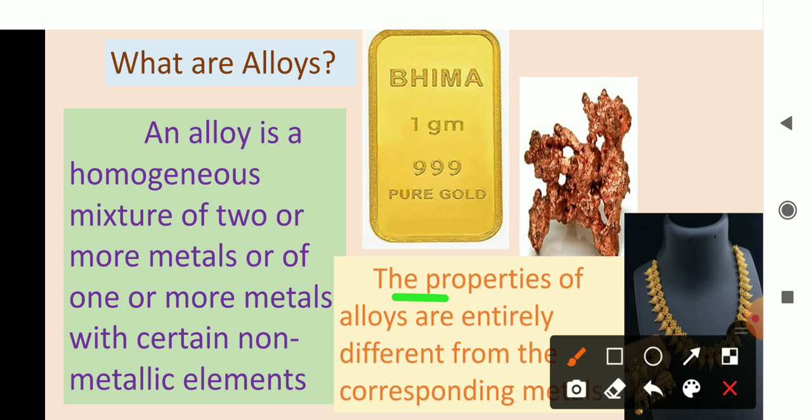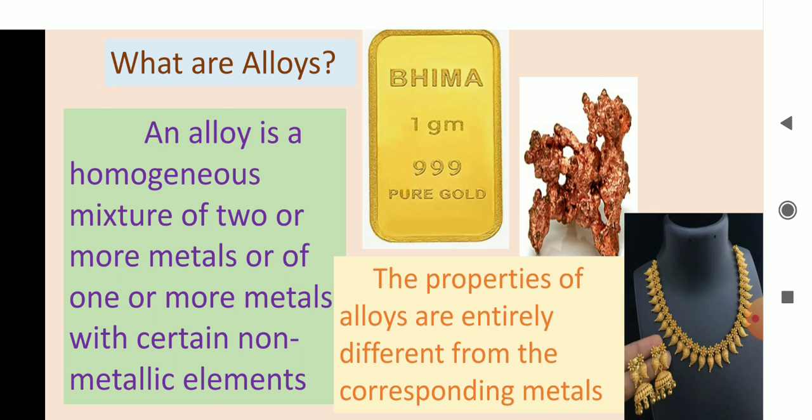After alloying, there is a change in the properties of metals, or we can say the properties of alloys are entirely different from the corresponding metals. So two things we have seen here. One is the definition of alloy, and the other is the properties of alloys. After alloying, there is a change in the properties of metals. Okay, dear students.